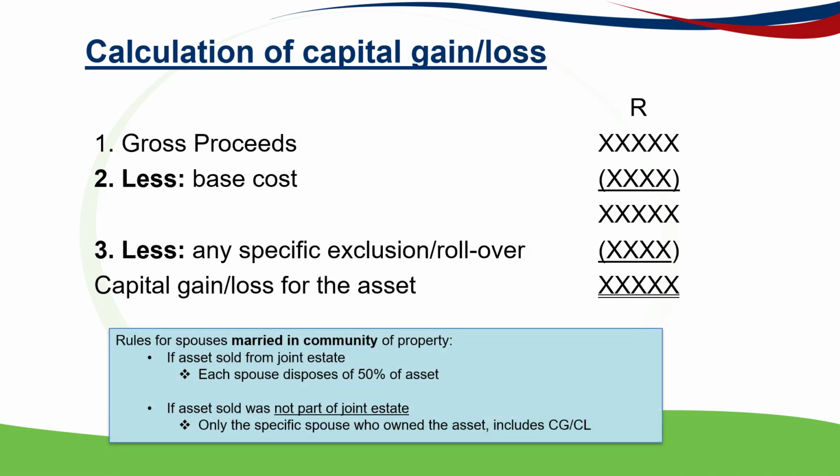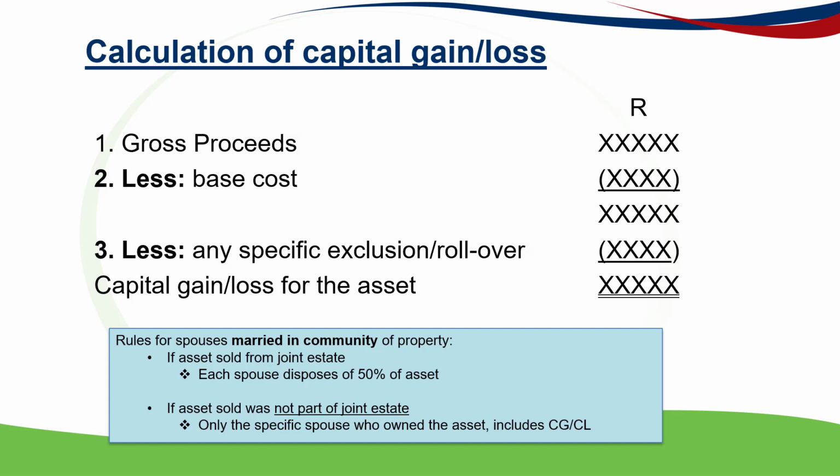Now, there are special rules for spouses married in community of property, in that if the asset disposed forms part of the joint estate, then each spouse will be deemed to have disposed of 50% of the asset.